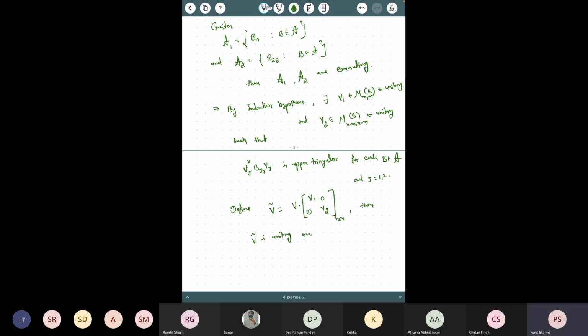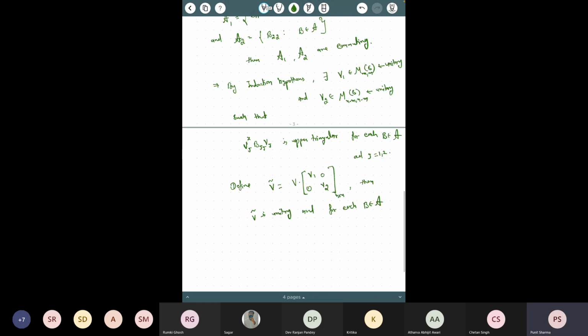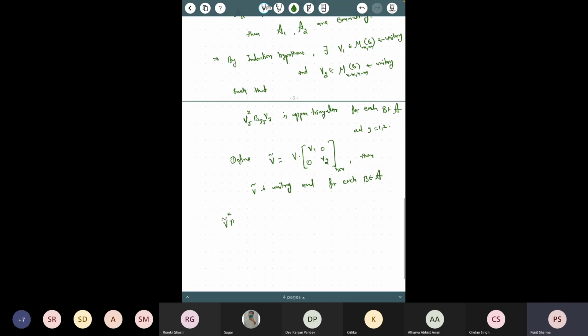Not only that, for each V in this family, it satisfies the following. If you do this V tilde star B V tilde, then what would it be? It would be V1 star, 0, 0, V2 star, times V star BV, times V1, V2.